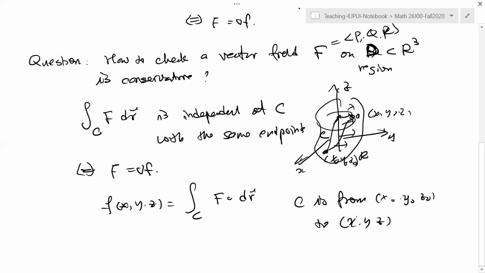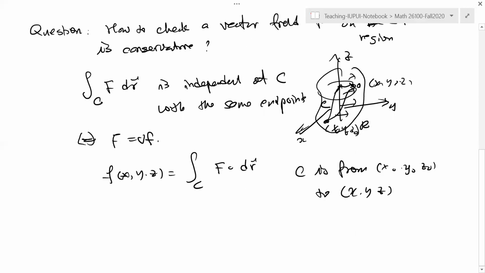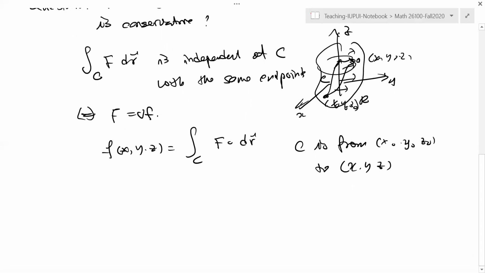I don't need to specify C because it's independent of C, and you can verify the gradient of this f is going to be this vector field.